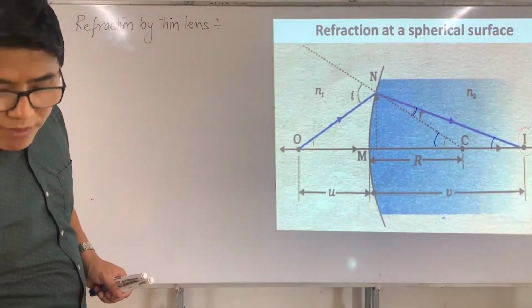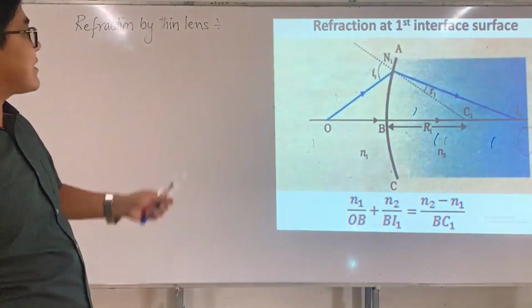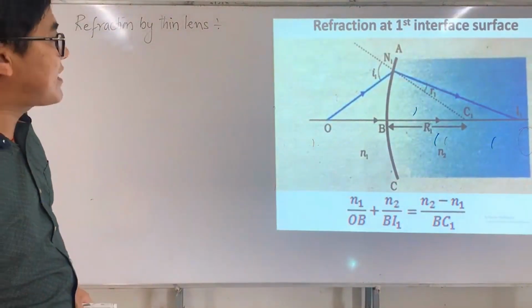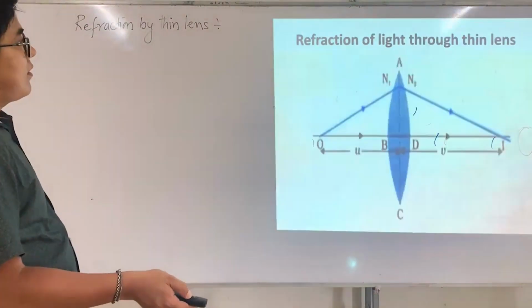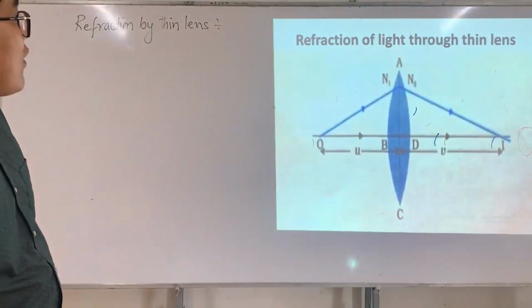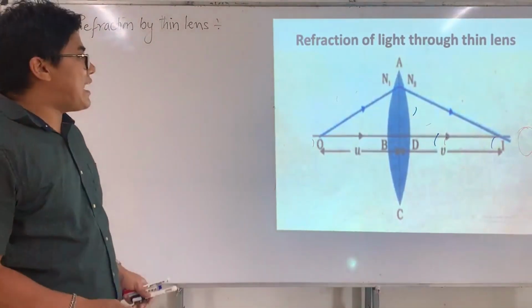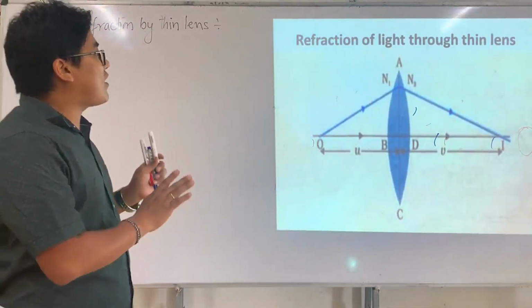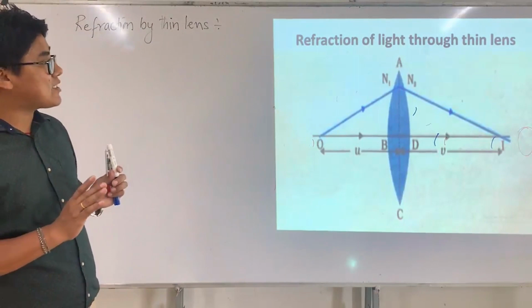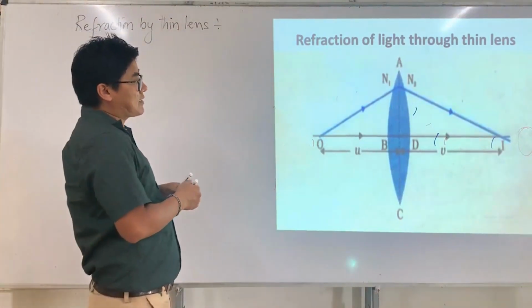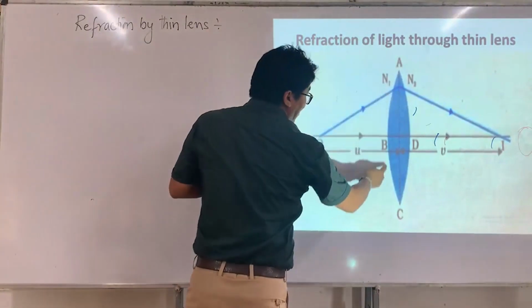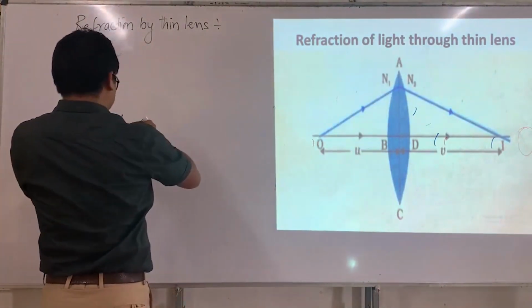And look at here, we are going to use this concept. So the refraction of light through a thin lens consists of two spherical surfaces. This is one spherical surface.